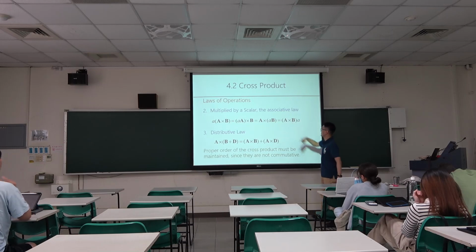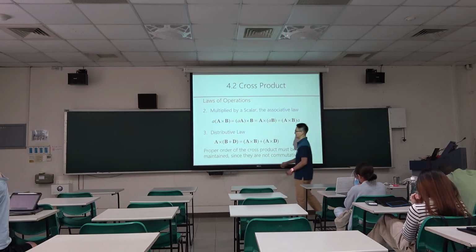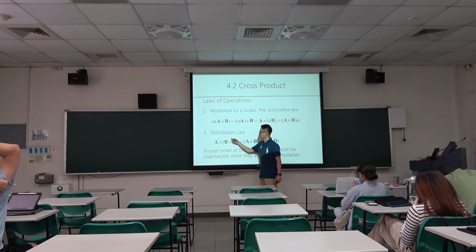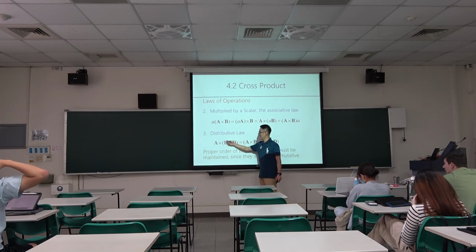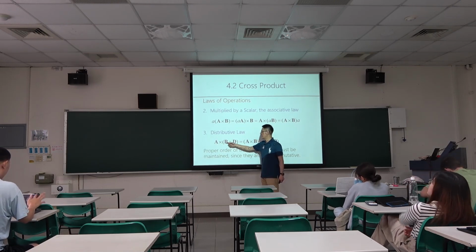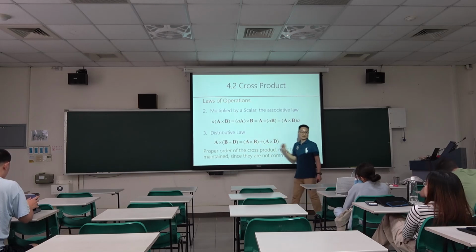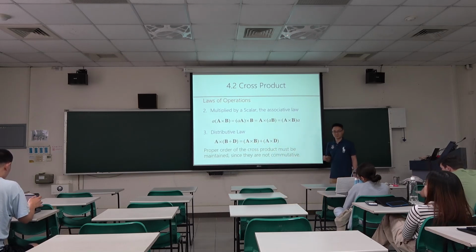So we can change the A position, and also distribute it. If we have an addition of vectors here, we can distribute it: A cross B plus A cross D.